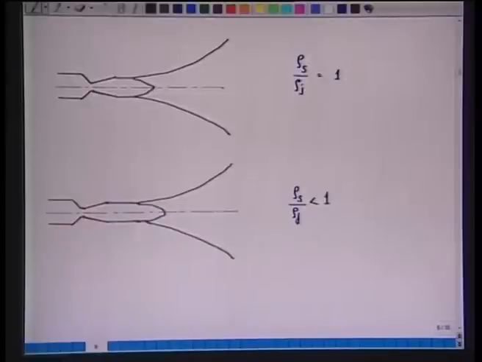Before that, let us see how the jet issues from a Laval nozzle, or how it looks when it is issued from the Laval nozzle. What I have shown is a profile of a jet issued from a Laval nozzle at Mach 2.